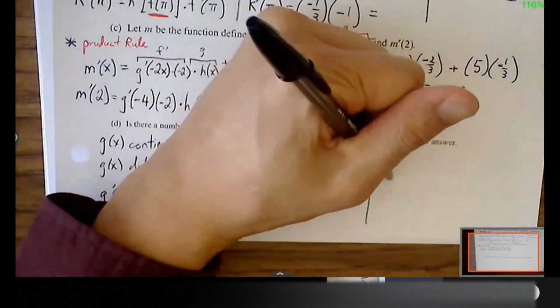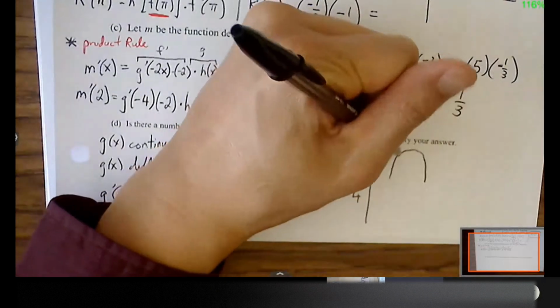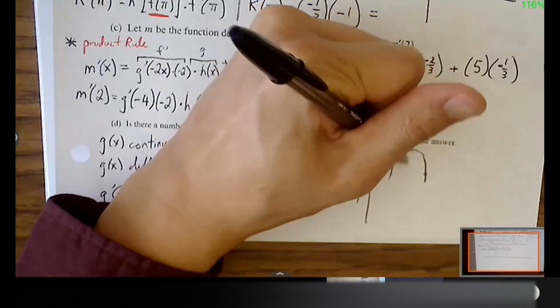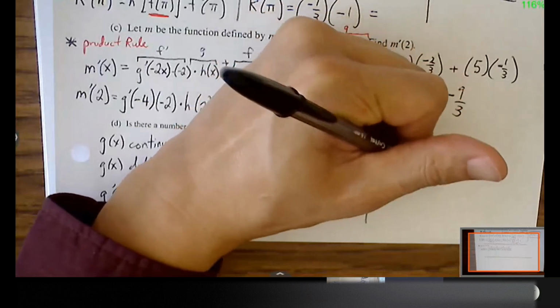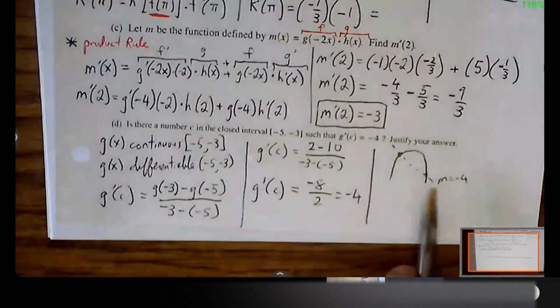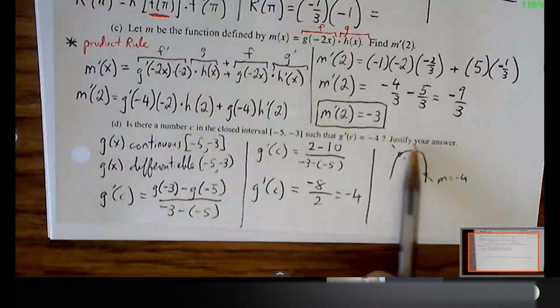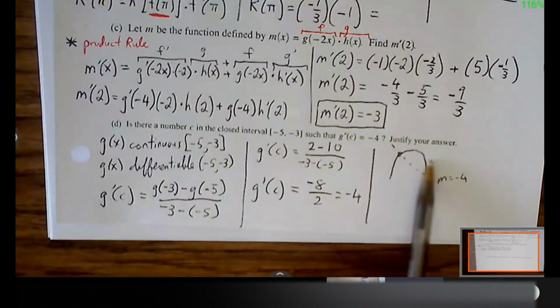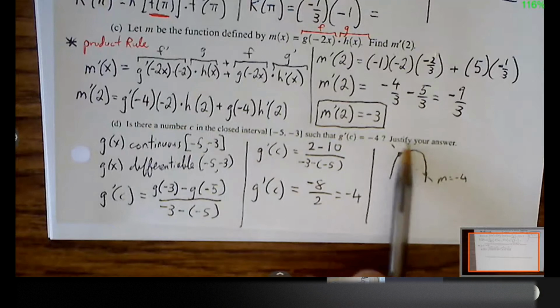All right, so you don't have to do this here, but just a visual. The slope between the endpoints happens to be -4. So by mean value theorem, there must be another place on the graph that has an exact steepness of -4 at a specific moment.